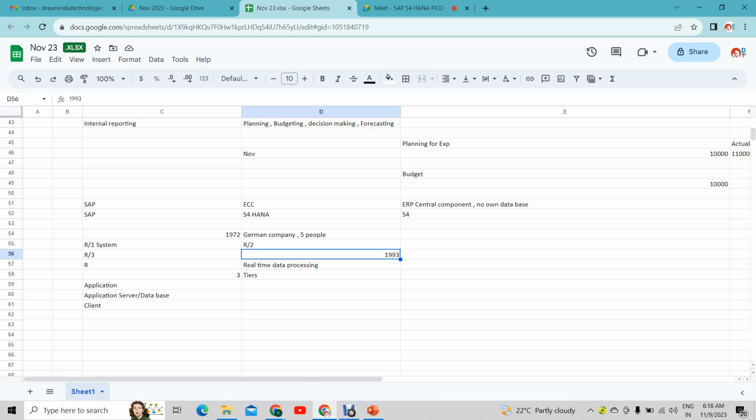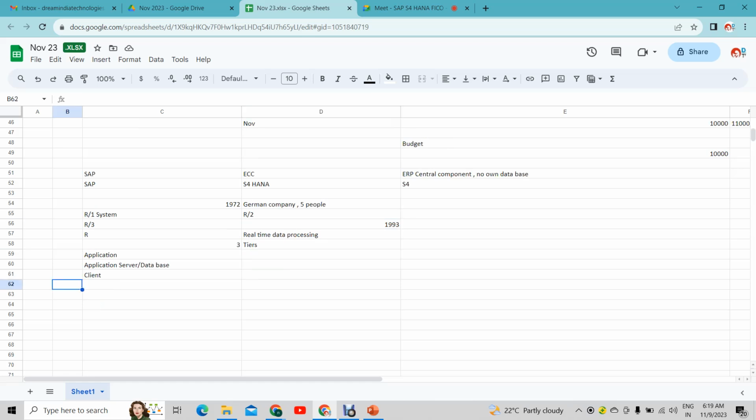They bring new functionalities, and they call them releases. Different releases of my application. Likewise in SAP ECC, what was the last release? If you guys remember, the last release.